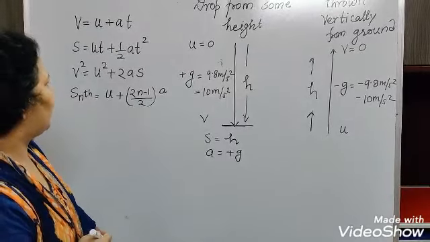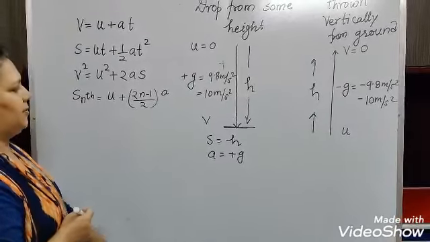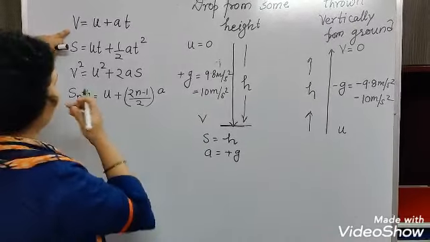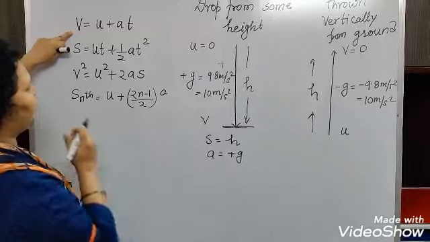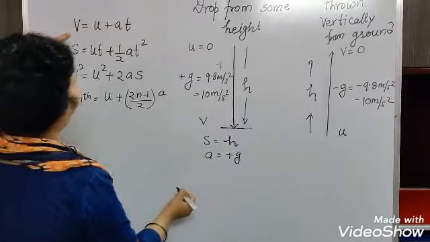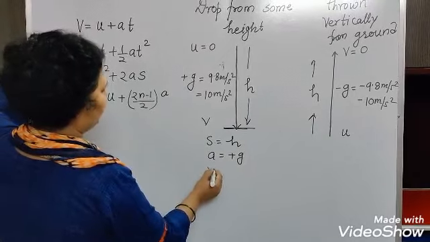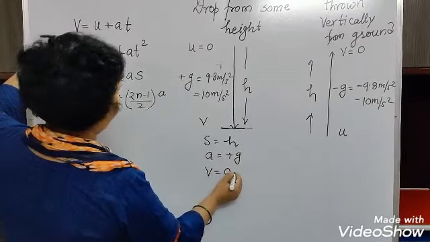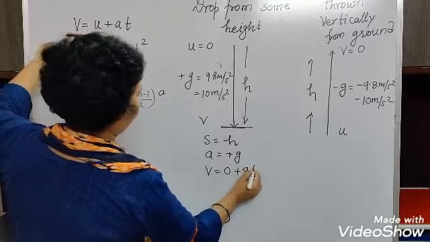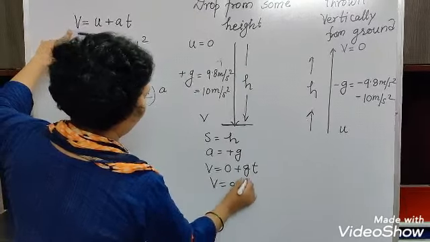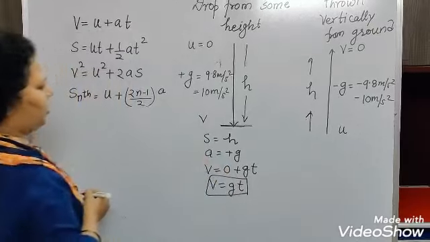Time as it is we take t. Now see the first formula, v is equal to u plus at. So here the initial velocity is 0, and this is gt. So it becomes v is equal to gt.